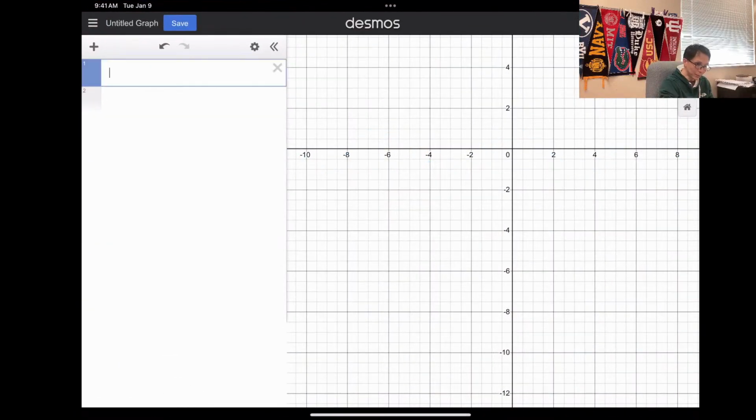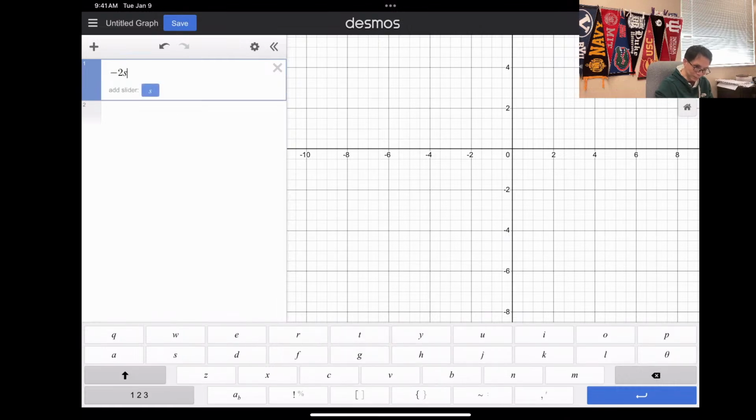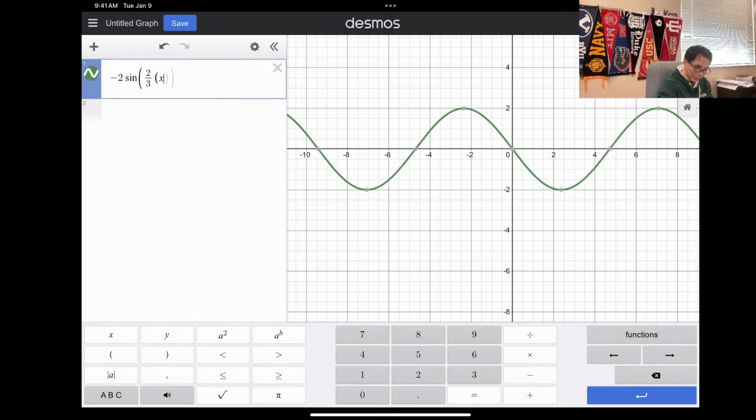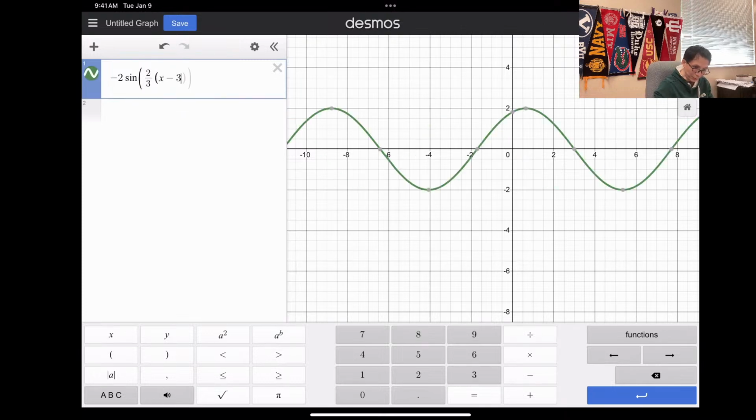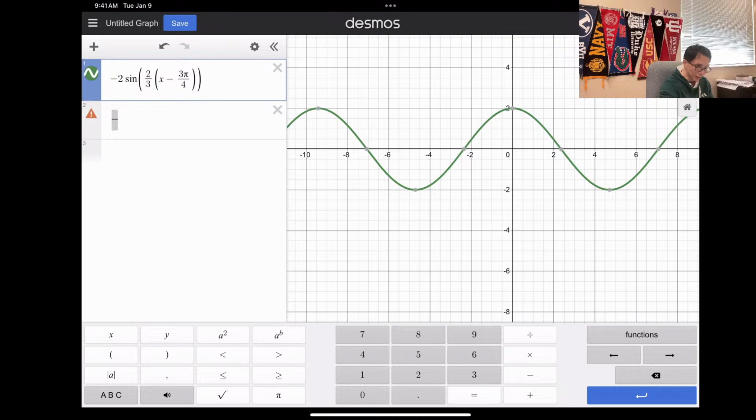What is it? -2 sine of what? What do we factor out? 2/3, and I'm going to put another parenthesis right here. x minus 3 pi over 4, like this. And what else? Plus 1.